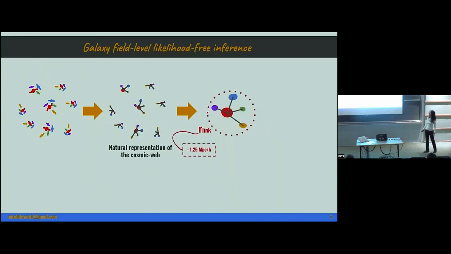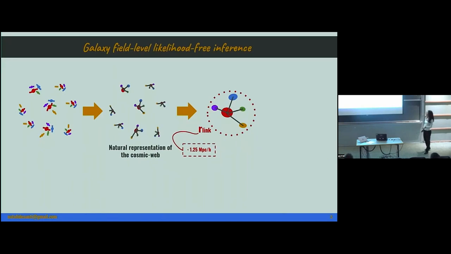In this work, we obtain our translations of galaxy catalogs into graphs by linking the galaxies which are inside a certain radius. Imagine that we have this red galaxy here, and we grow a sphere around this galaxy. If other galaxies are inside this R-link, they are connected.